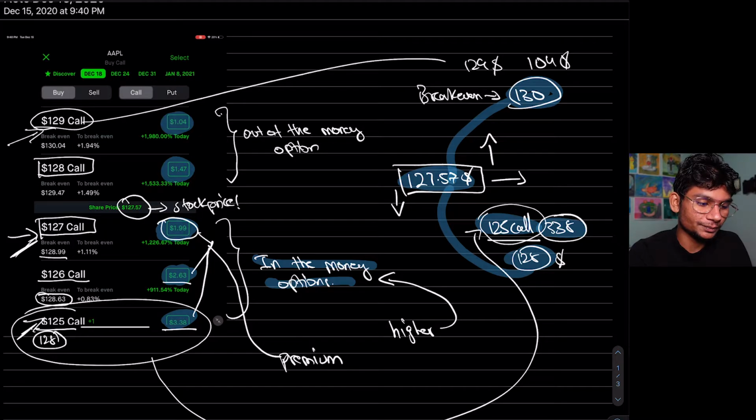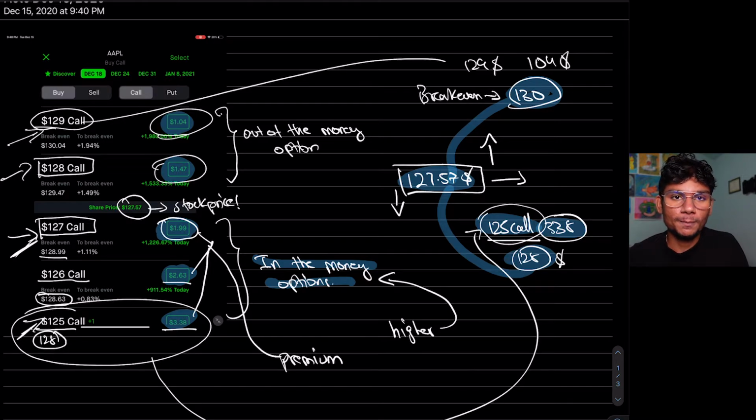This is cheaper, right? This is cheaper, 147, 104, okay? And you'll be making money. Although remember, in the money options, even though they're safer, they'll still give you money. Out of the money options are a little bit risky, but they will definitely give you a lot of money. Okay? Hopefully you get that.